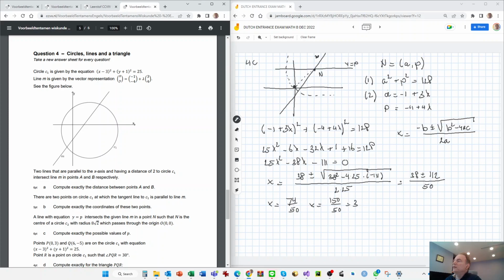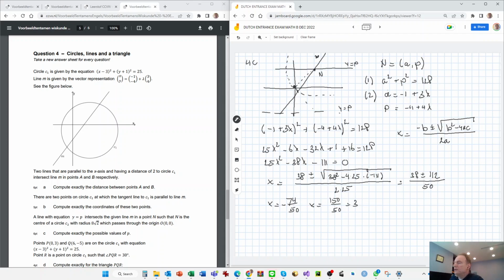Where the distance, sorry, this is negative, because you can have the situation that there's a line here somewhere that also has that distance. So we also have another y is p possible here when p is negative, likely.